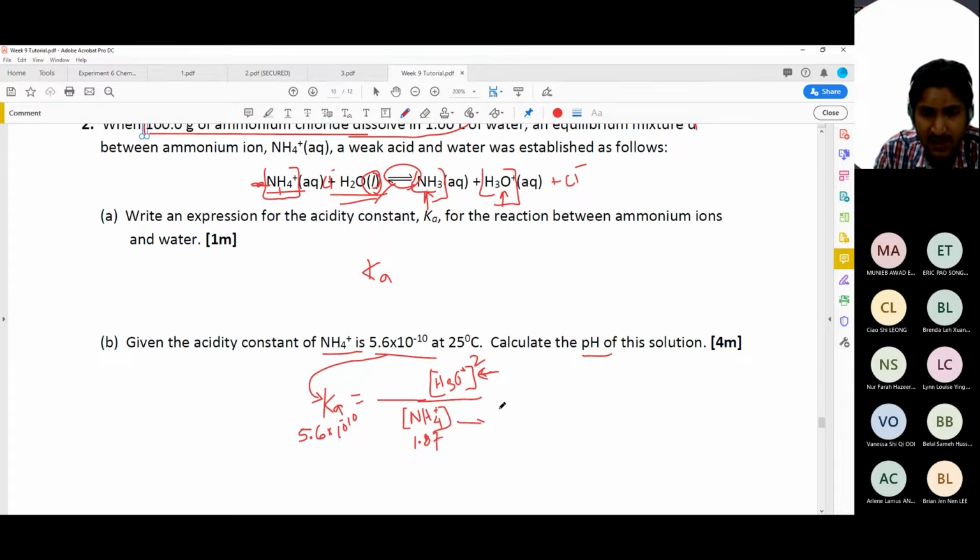This is how I can find the hydrogen ion concentration, and once we get it, we get the pH.